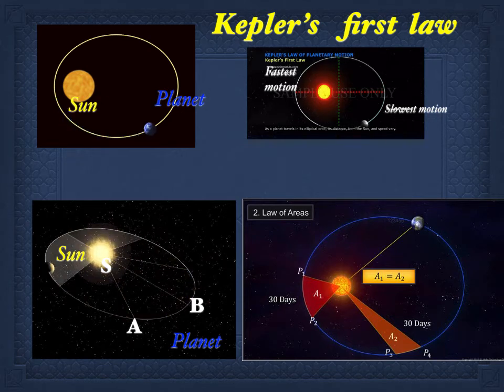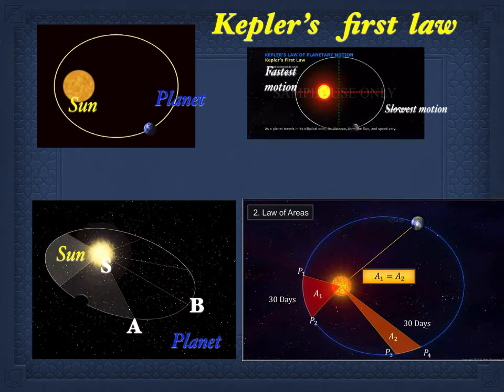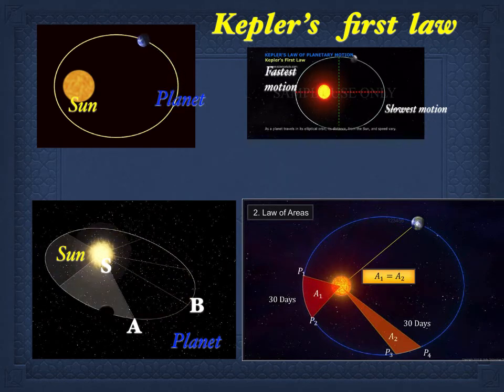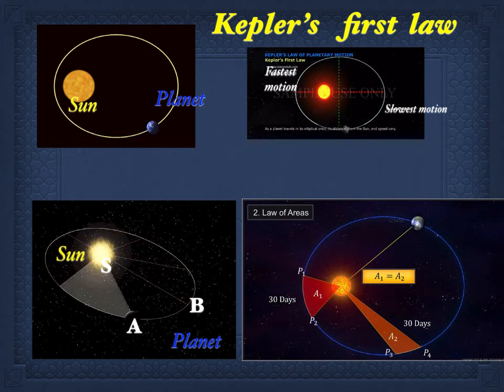So the line joining the sun and the planet is P1, or in the first case, AS. Now in 30 days, or a time period of 1 month, the planet moves from the position A to B. That is, in the second case, it can be considered as from P1 to P2.